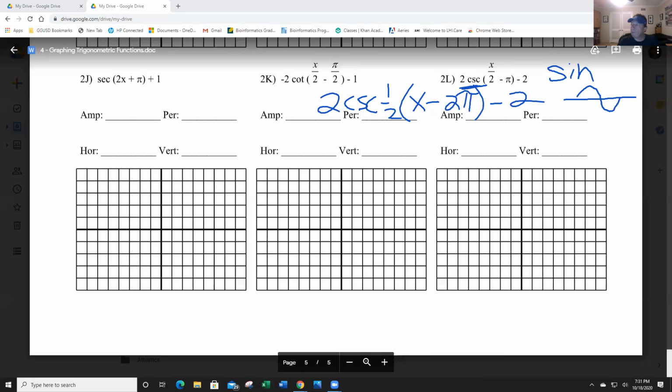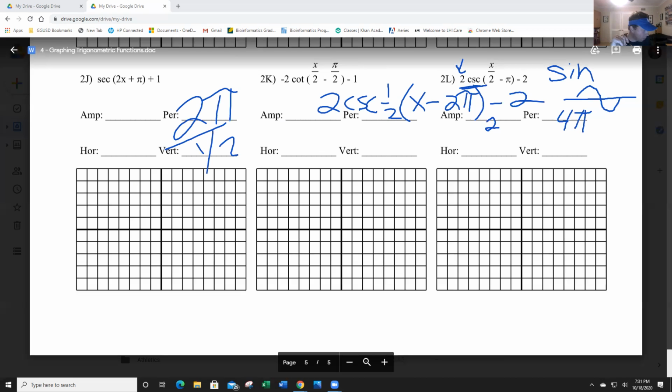Great. Okay. So the amplitude on this, one is 2 for the scaffold anyways. That number is this one right here. The period on this is going to be 4 pi. That is 2 pi way over here to my left divided by 1/2. That's how I got that period.